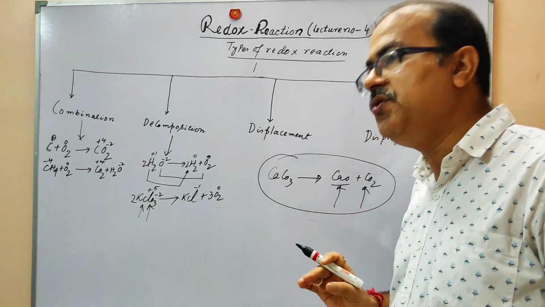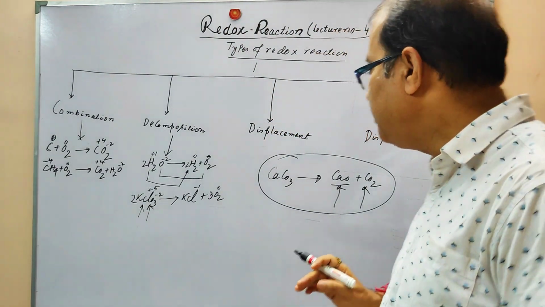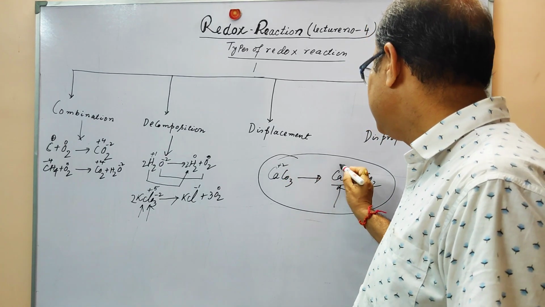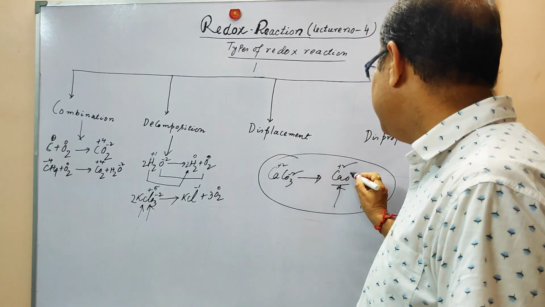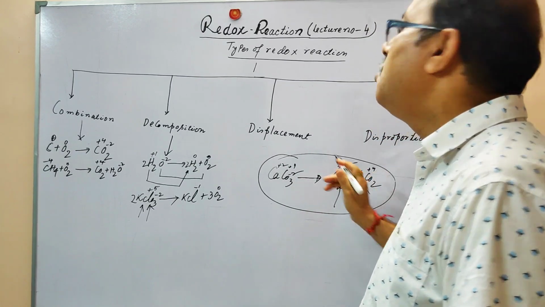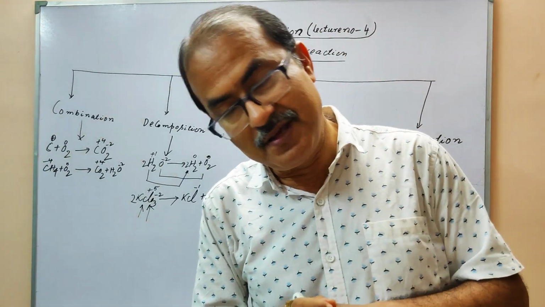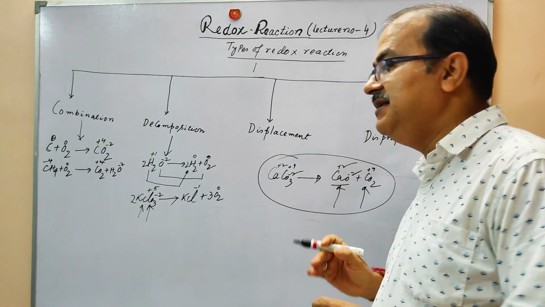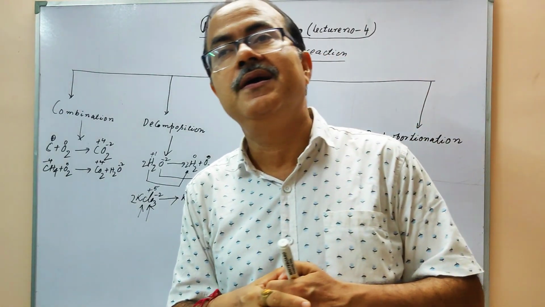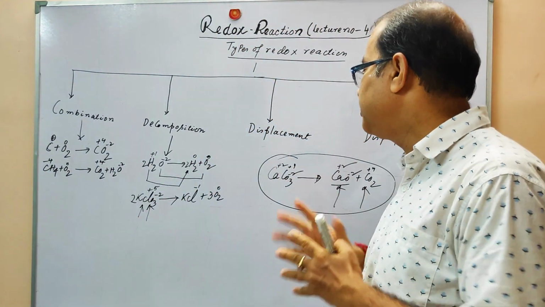That is why we will not call it a decomposition redox reaction. You can also verify from their oxidation numbers: here +2 and +2, -2 and -2, and +4 and +4. By calculating the oxidation numbers, you can say that there is no change in oxidation number, so there is no question of a redox reaction. This is not a redox reaction.